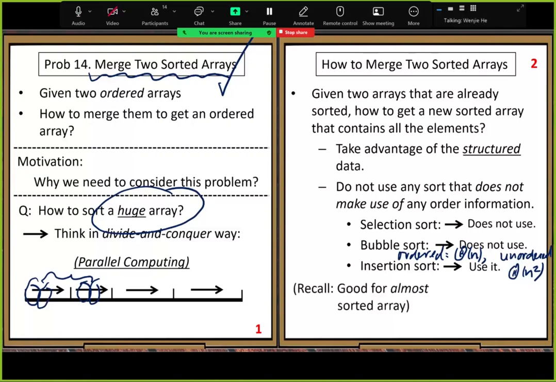Think about it, we have a nice property for the insertion sort: if the data is almost ordered, then insertion sort is the best sort in all possible choices.